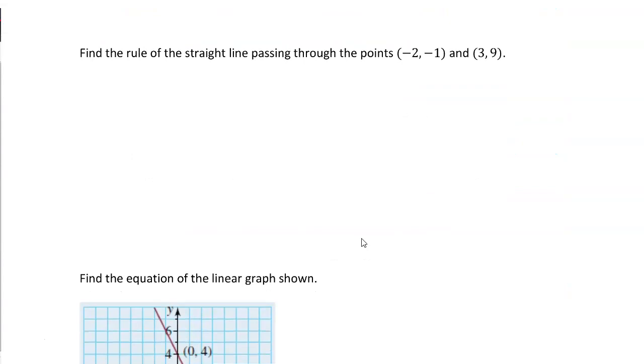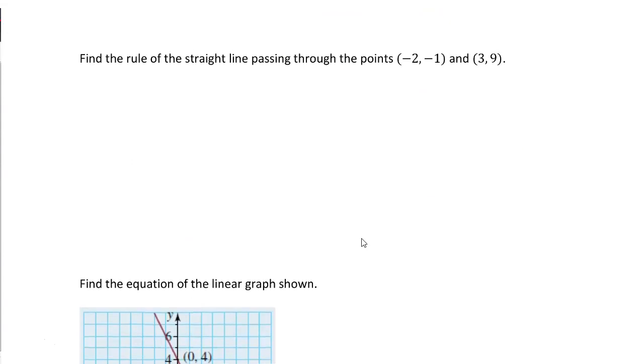Okay, so find the rule of the straight line passing through the points negative 2, negative 1, and 3, 9. Okay, so I've got negative 2, negative 1, and 3, 9.